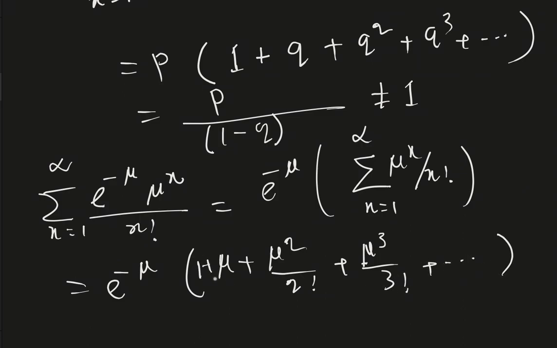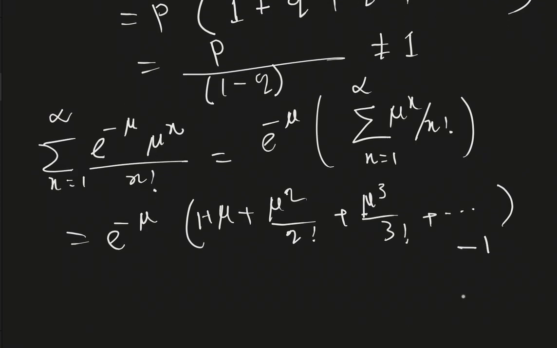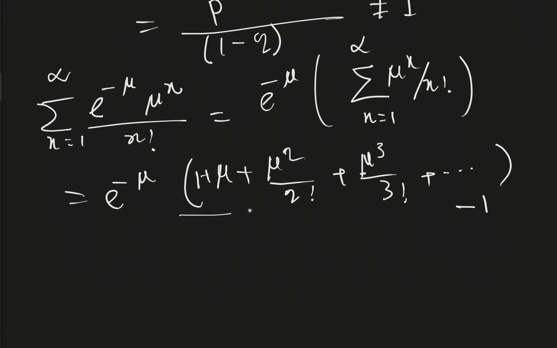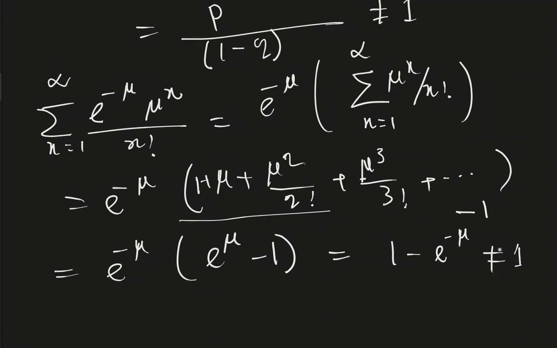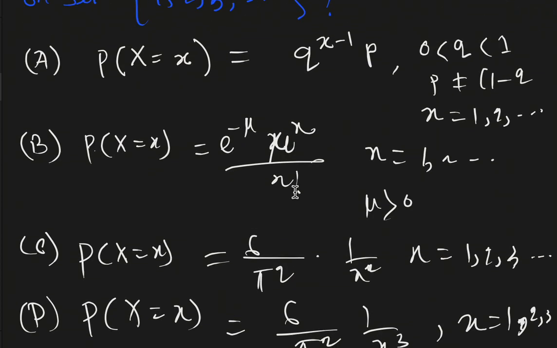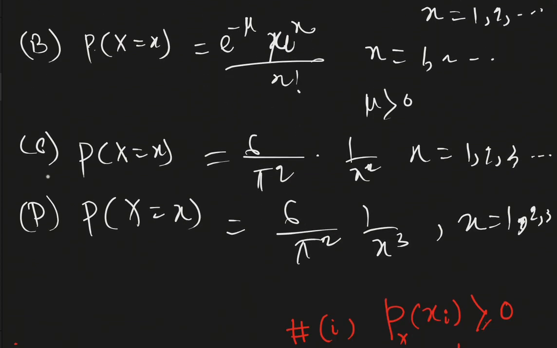We add plus 1 and subtract 1, so we know that this series is e to the power mu, minus 1, so that is e to the power mu minus 1. If you do it, you will get 1 minus e to the power minus mu, which is obviously not equal to 1, so this is also not a valid mass function. B is not true. Let's see.